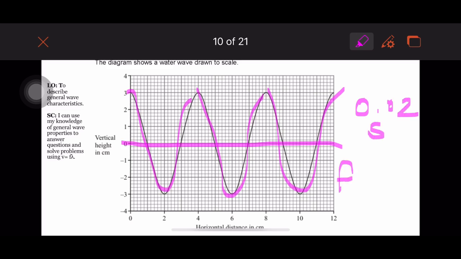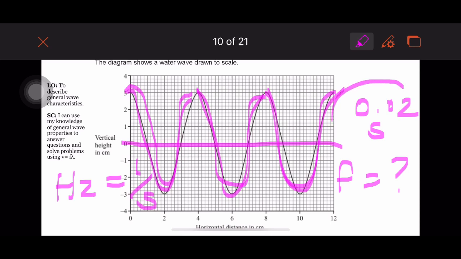So what's the frequency of this wave? We know that frequency is measured in hertz, and hertz also means 1 by second. So if 3 waves was completed in 0.02 seconds, what is the frequency?